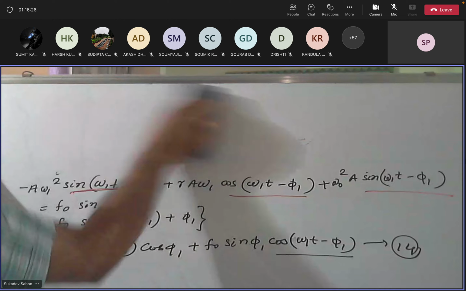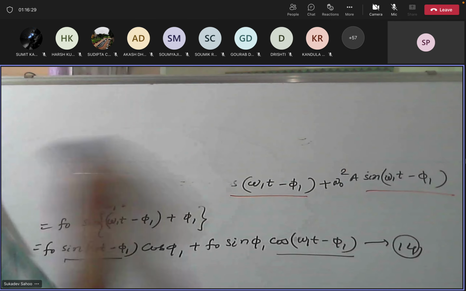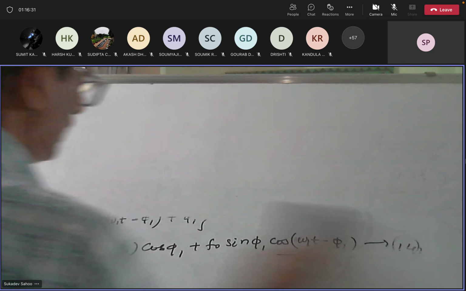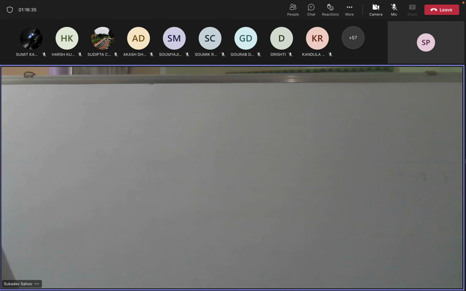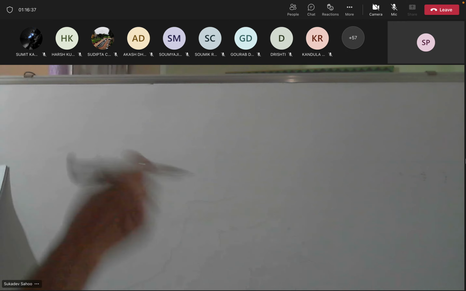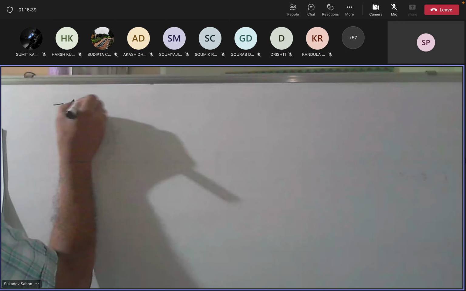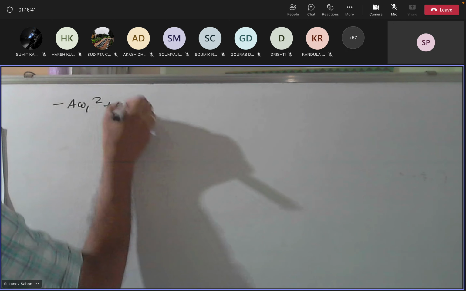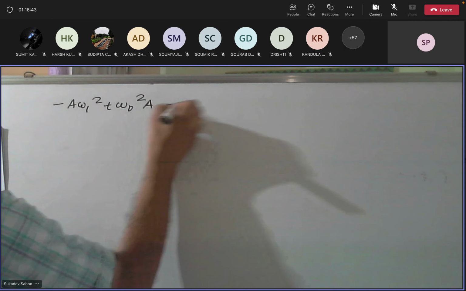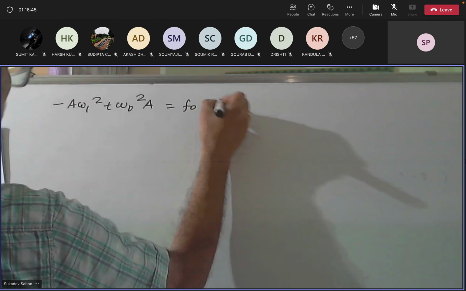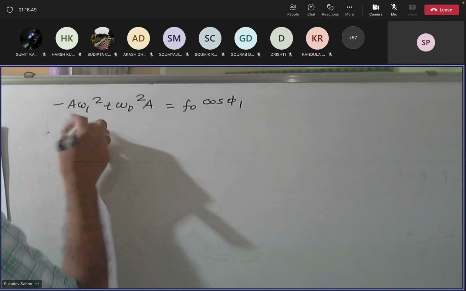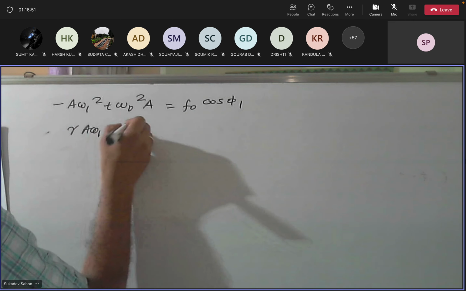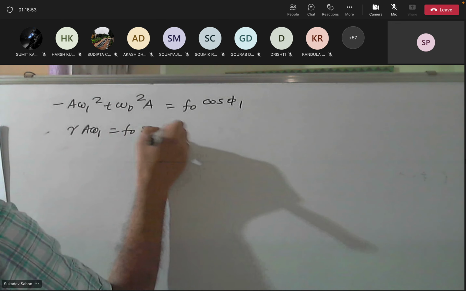Equating the coefficients, we obtain a into omega 0 square minus omega 1 square equal to F0 cos phi 1, and gamma a omega 1 equal to F0 sin phi 1.